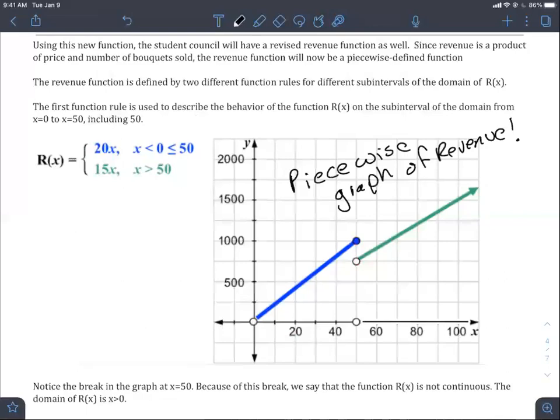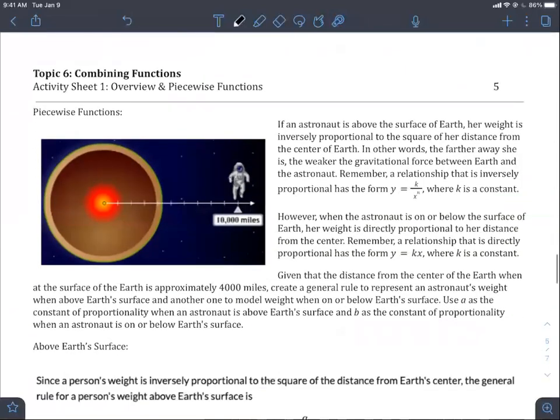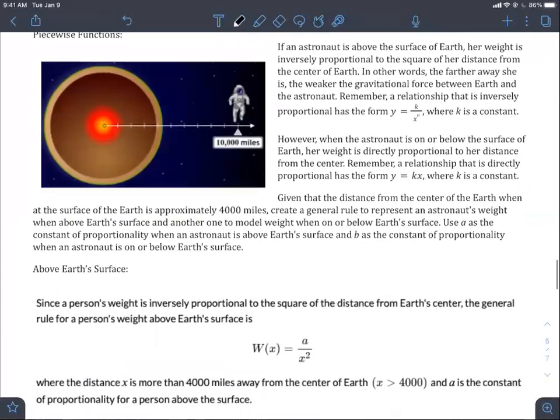So the example that we are going to finish on looks a lot more complicated than it is. We're talking about an astronaut above the surface of the Earth. And we make note that her weight is inversely proportional to the square of her distance from the center of the Earth. In other words, the farther away she is, the weaker the gravitational force between Earth and the astronaut.